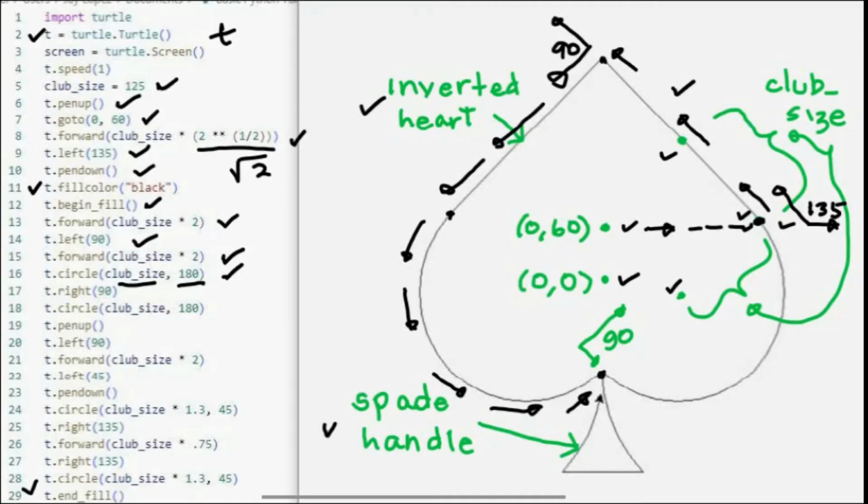At this point here, the direction of the turtle is like this. I'm retracing that, but I don't want that direction. I want the direction to be like this. So I will make the turtle rotate to the right 90 degrees, and that is command number 17.